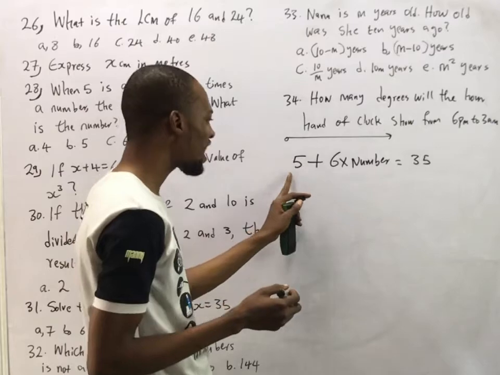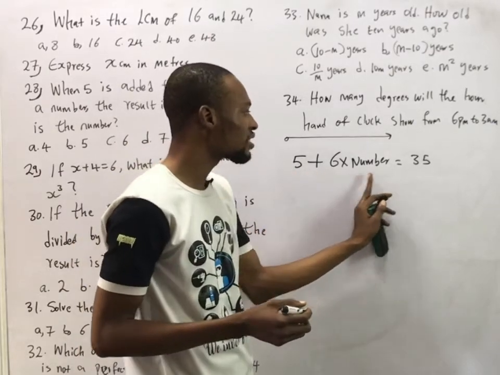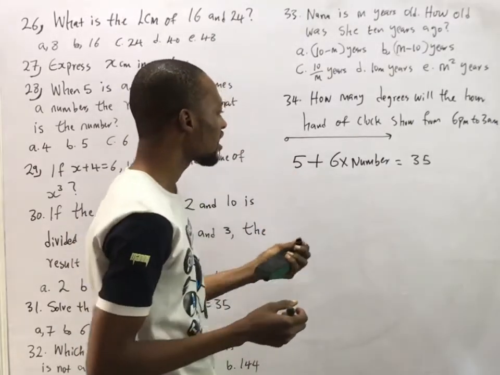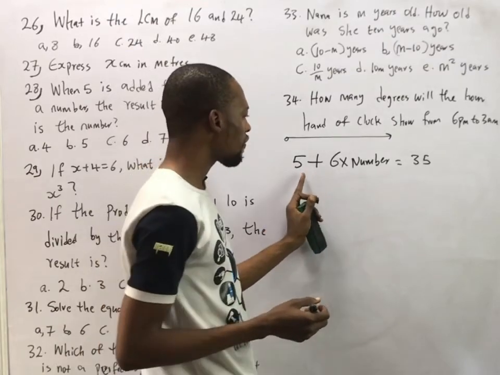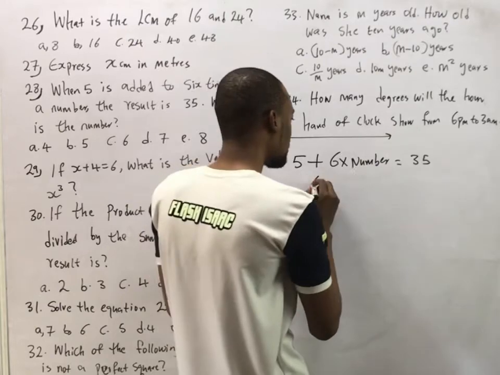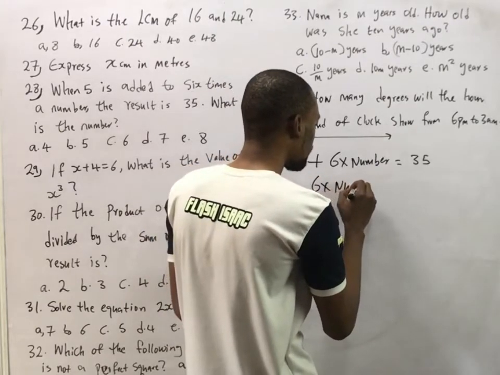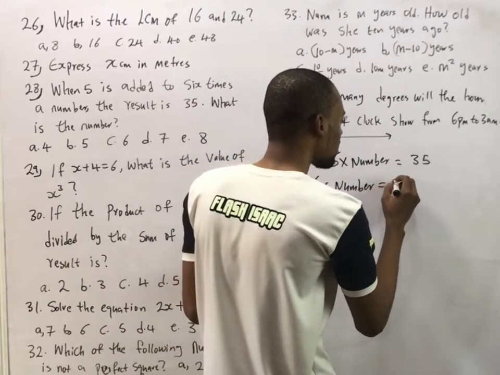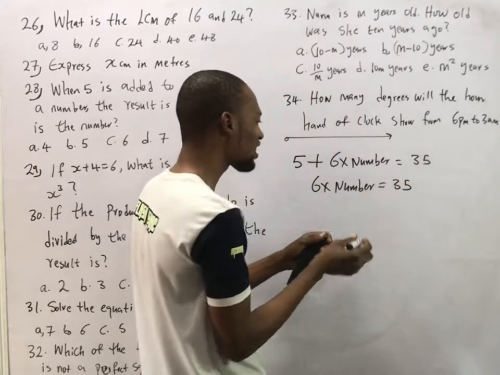So that's what they're telling us, 5 plus 6 times a number. Now, adding 5 to 6 times a number, we got 35. This implies that 6 times the number is equal to 35 by collecting like terms.